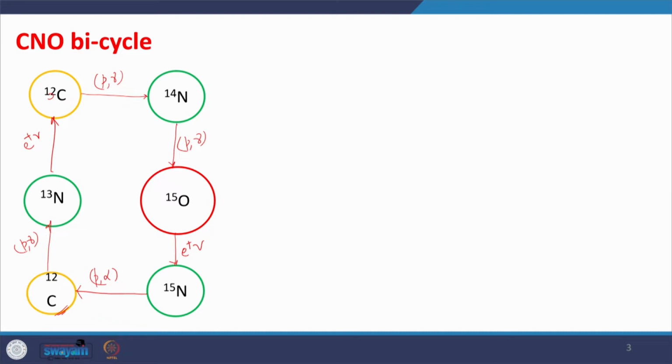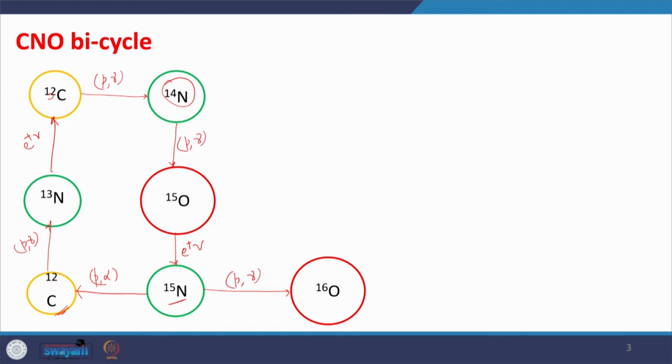However, we have ignored a process in this cycle. Coming back to this cycle, nitrogen 15 instead of P alpha, can also undergo P gamma reaction. Okay.